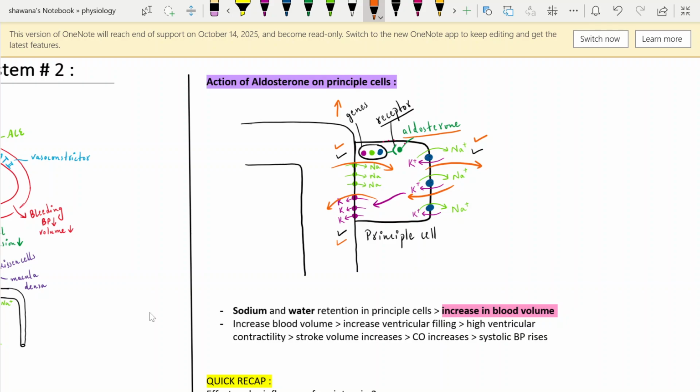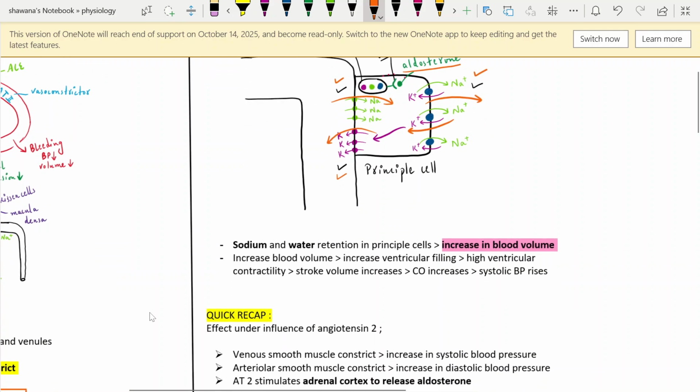It will cause the retention of sodium and water, and that's what we need. We need to increase the blood volume in case of hypovolemia and hypotension. That's why under the action of aldosterone we are going to retain the water and sodium. And when the sodium and water are retained, it will cause an increase in the blood volume. And that's the same story.